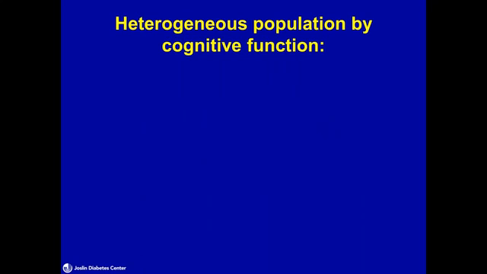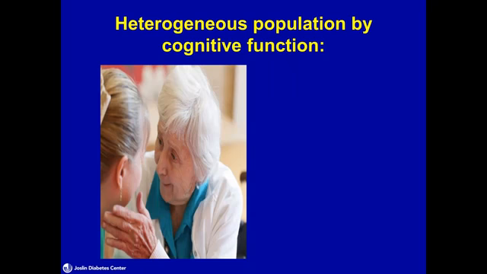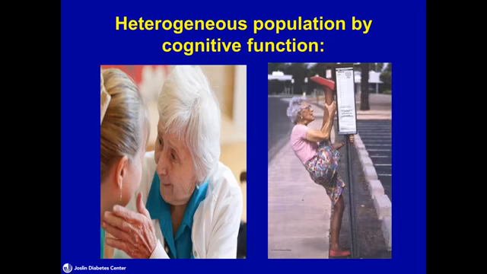Moreover, this population has cognitive function that can vary widely. Most of us think of elderly population subjects like this lady, frail with some cognitive dysfunction, but many of them are also very healthy, both physically and cognitively.